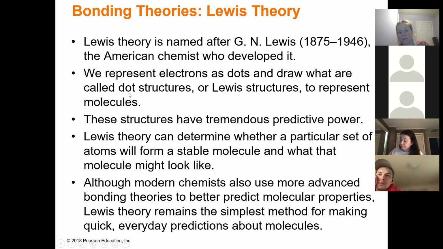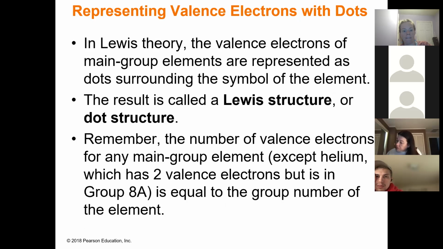Super simple model, but it had really tremendous predictability power. We were able to predict a lot of shapes using these. It can determine whether a partial set of atoms will form a stable molecule. It'll also help us to determine what the molecule will look like. There are always more advanced theories, but this will do it for us.